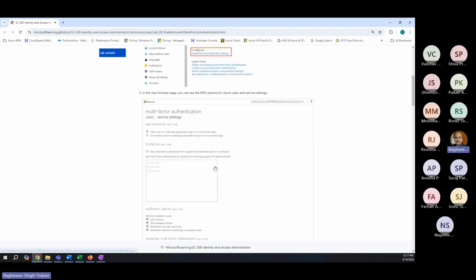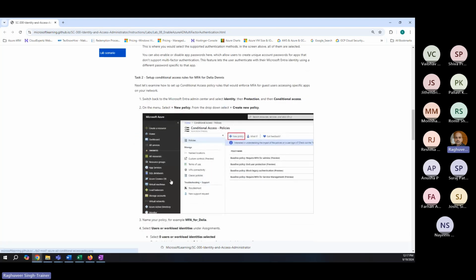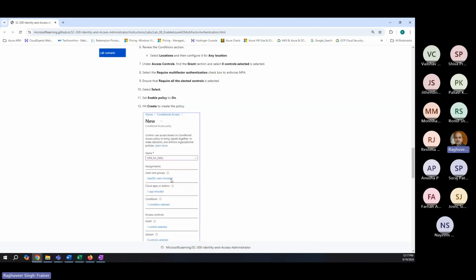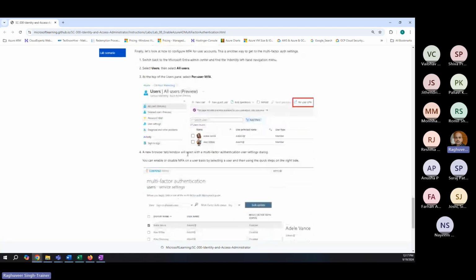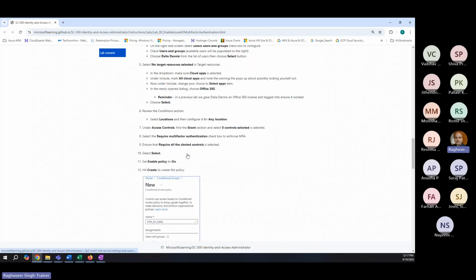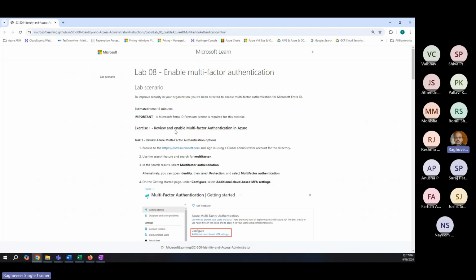But before we do any of this, let's talk about multi-factor authentication. What is multi-factor authentication? Why do we need it? I'm saying the lab looks lengthy, but it is not actually. It's a very simple lab. But let's just understand the MFA concept.